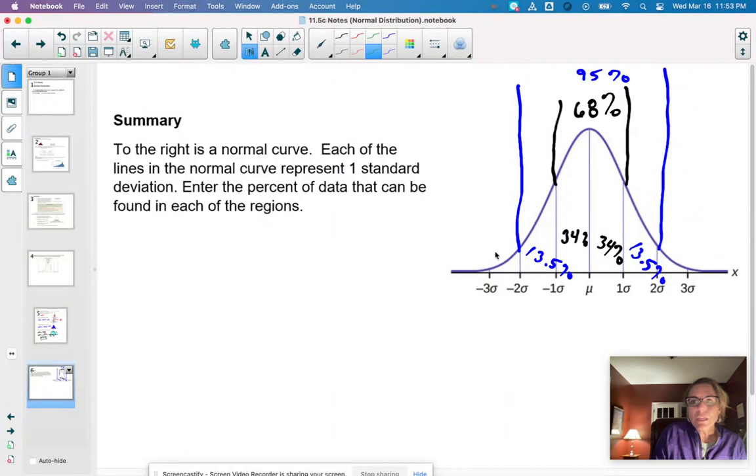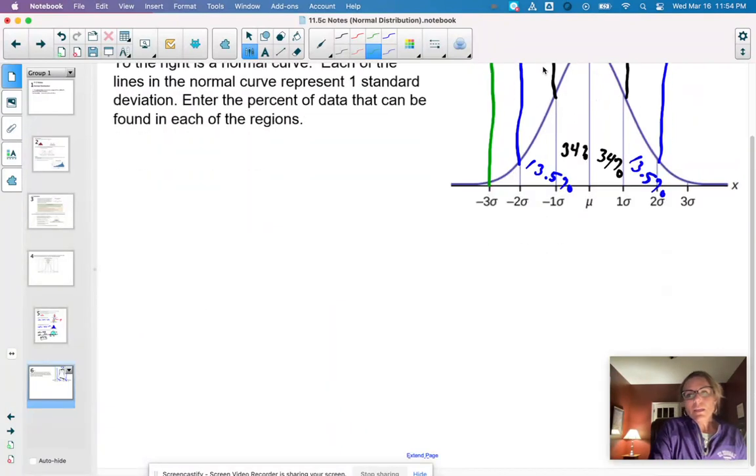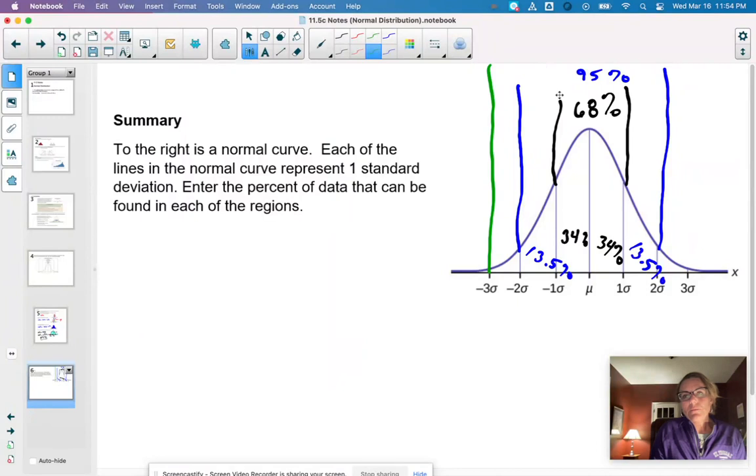Now, 3 standard deviations away from the mean on either side. This one's not letting me draw the green line, so you can see where it is. Accounts for 99.7% of the data. Let's see if I can just use my finger to draw that line here. There we go.